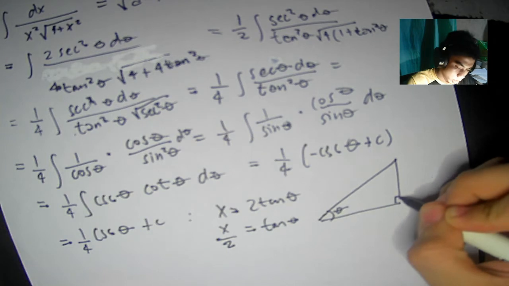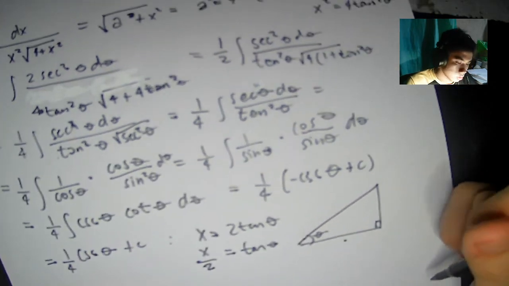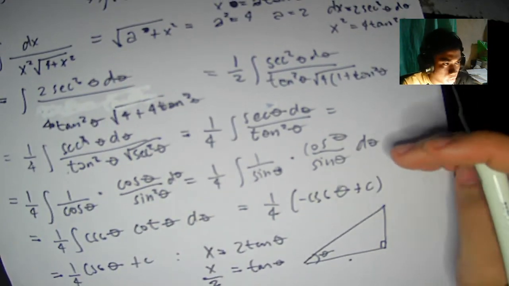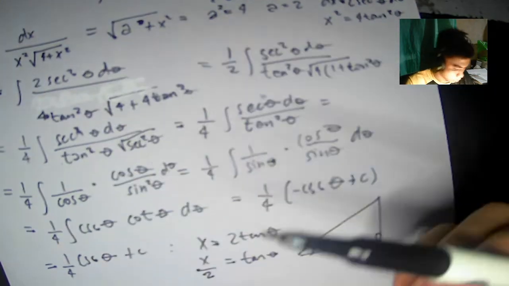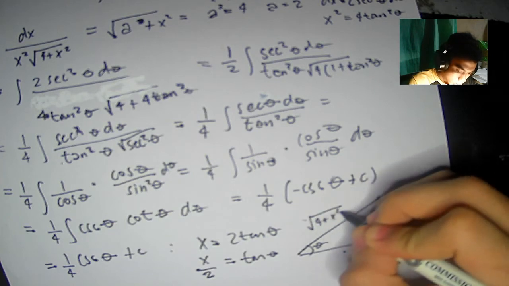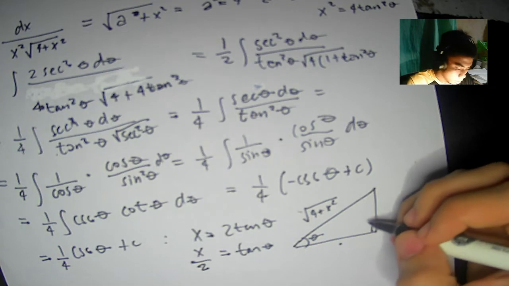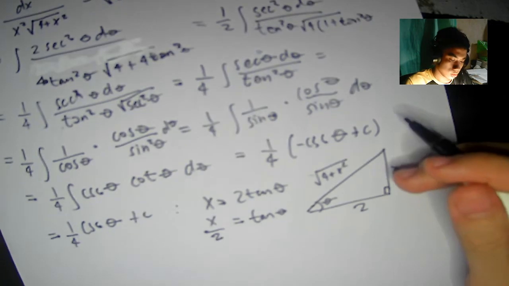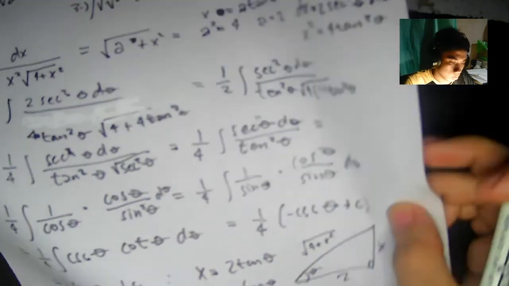Theta is the angle, and our hypotenuse here should be this, square root of 4 plus x squared. Then our base should be 2, and this is x. Yeah, that's x.